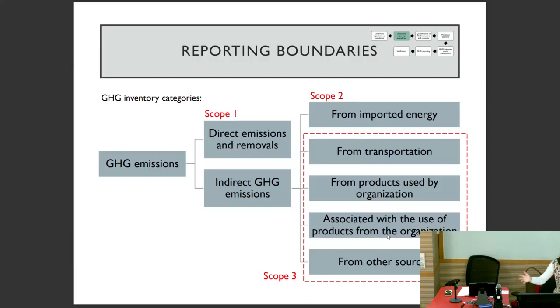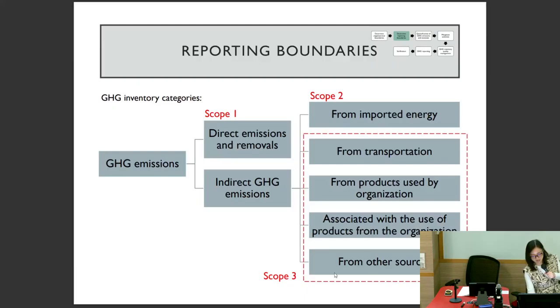During the consumption of the goods, some greenhouse gas will be emitted. Then these are also indirect emissions under scope 3, due to the product sold by that organization.